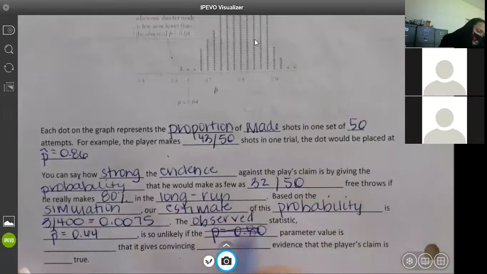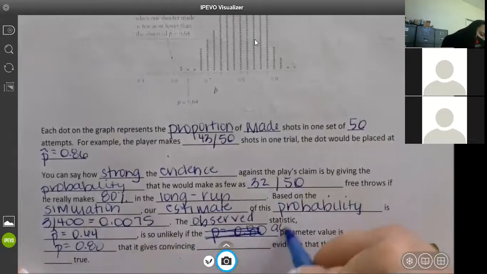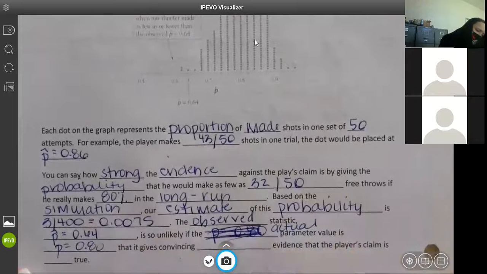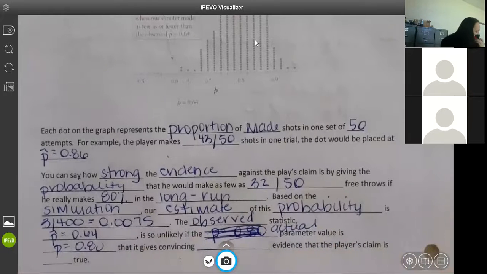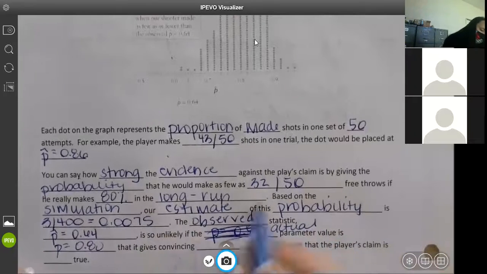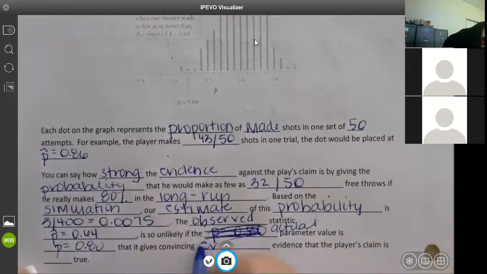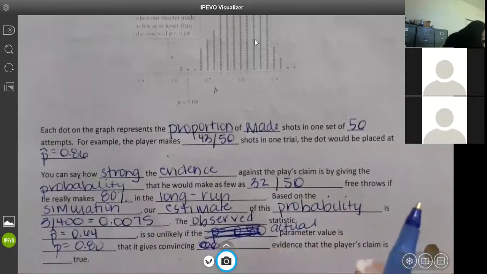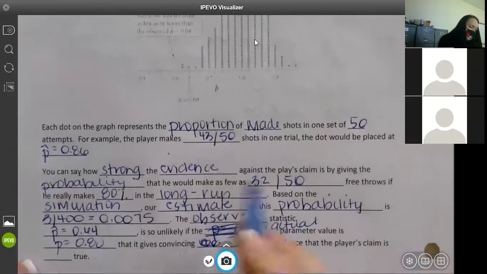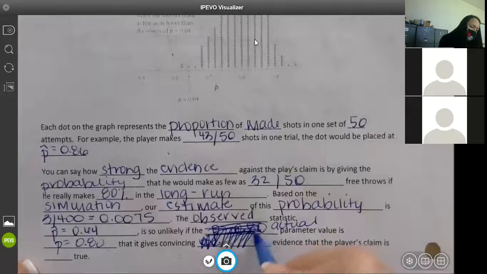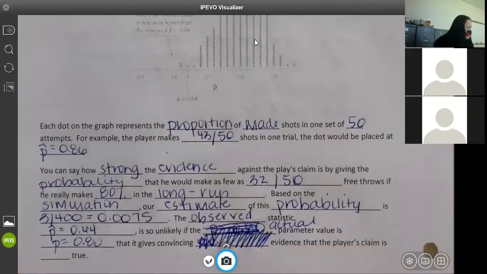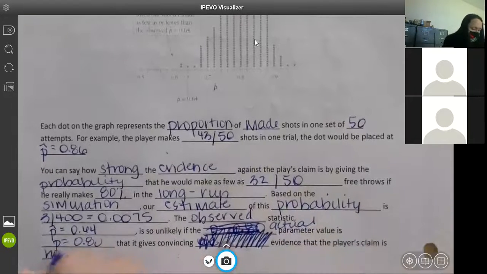Sorry, this should say actual parameter value. That gives evidence that the player's claim is not true.